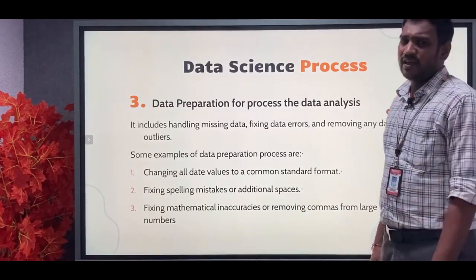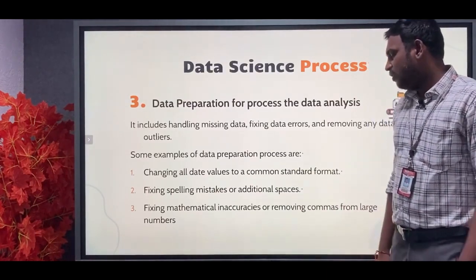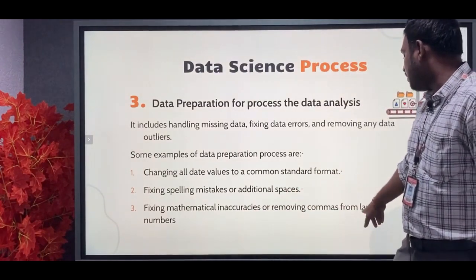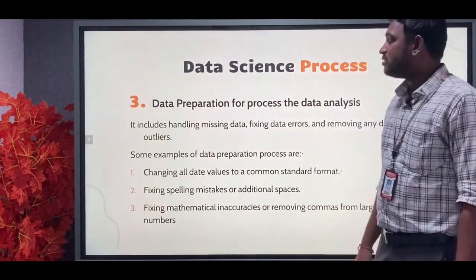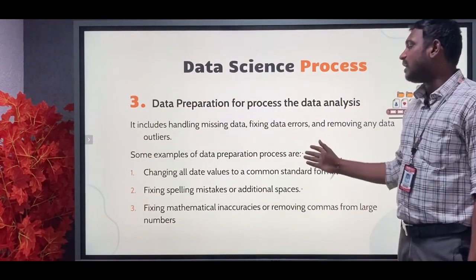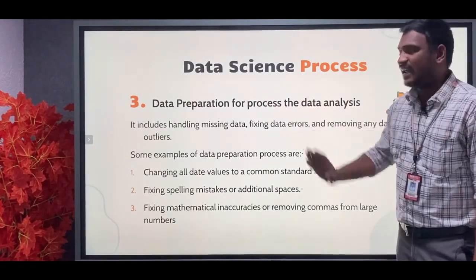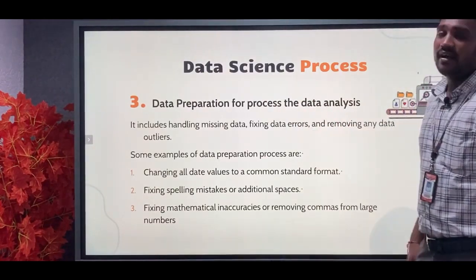Of course, you know programming also does not allow a comma. So fixing mathematical inaccuracies or removing commas from large numbers comes under data preparation for the process of data analysis.